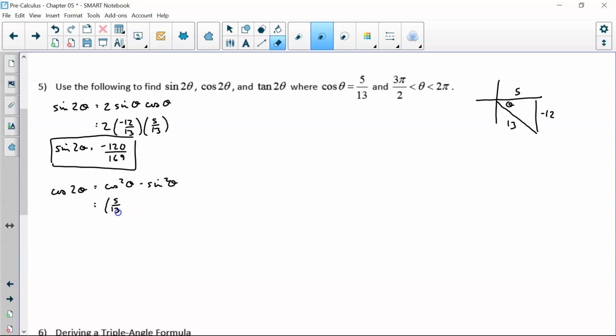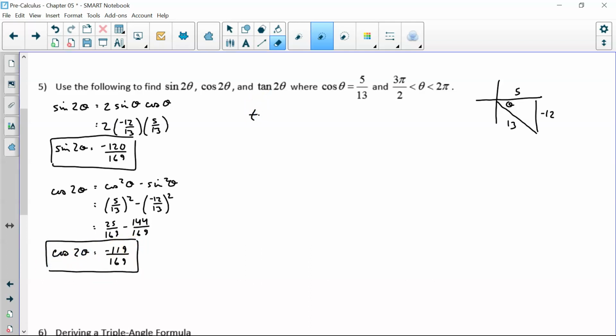So it's 5 over 13 squared minus negative 12 over 13 squared. So that's going to be 25 over 169 minus 144 over 169. So when we subtract, 25 minus 144 is negative 119 over 169, which is nice. We already had our common denominator. There's the cosine of 2 theta.